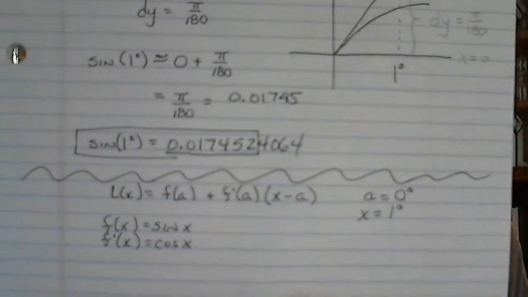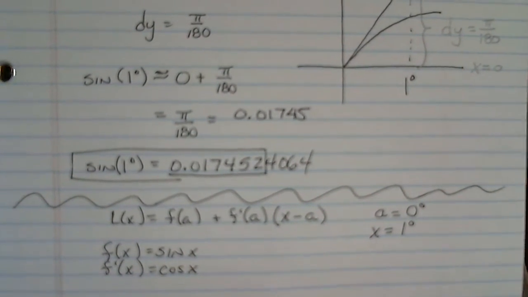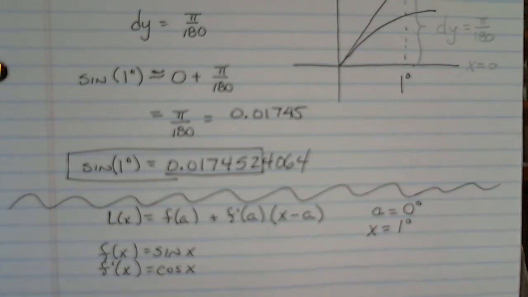Now, to do this problem, we have to find the derivative of f. F is again going to be sine x. The derivative of sine x is going to be cosine of x. And based on that formula, we're going to want to find f of a and f prime of a. Okay, and then we have x minus a.